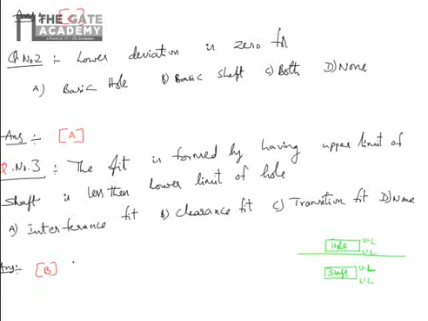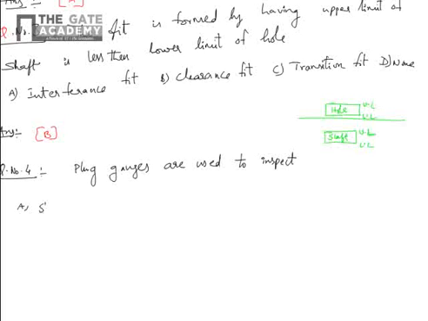Next question. Question number 4. Plug gauges are used to inspect option A shaft, option B hole, option C both, option D none.